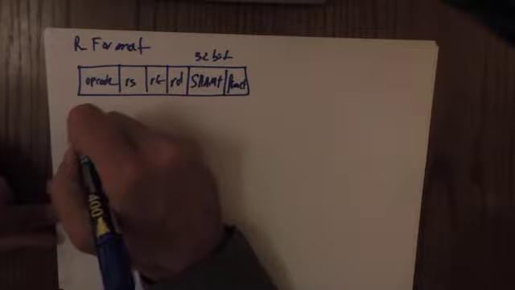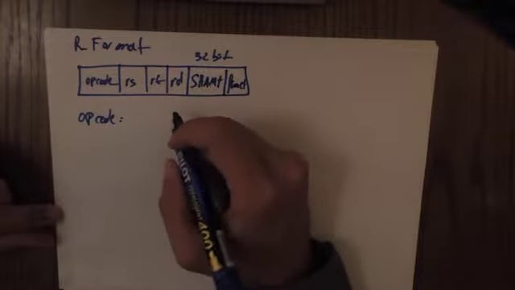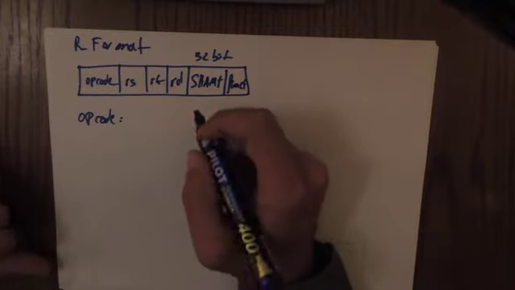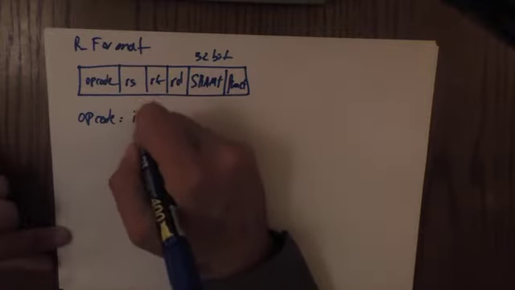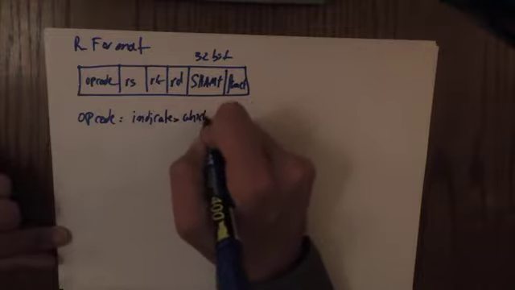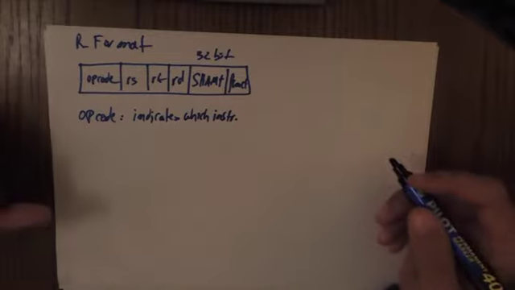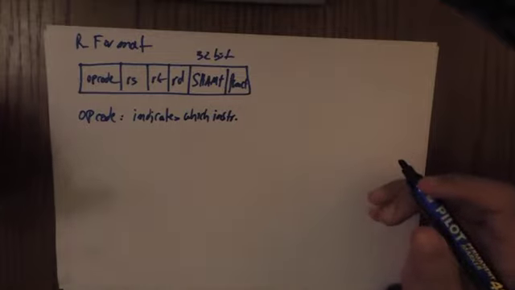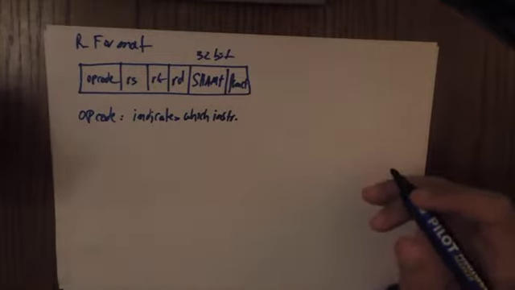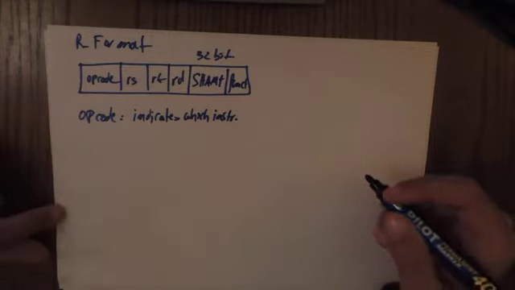The opcode is a component that tells us which instruction it is. The MIPS library has many instructions, and the processor needs to differentiate between two different instructions. So the opcode is used for this.